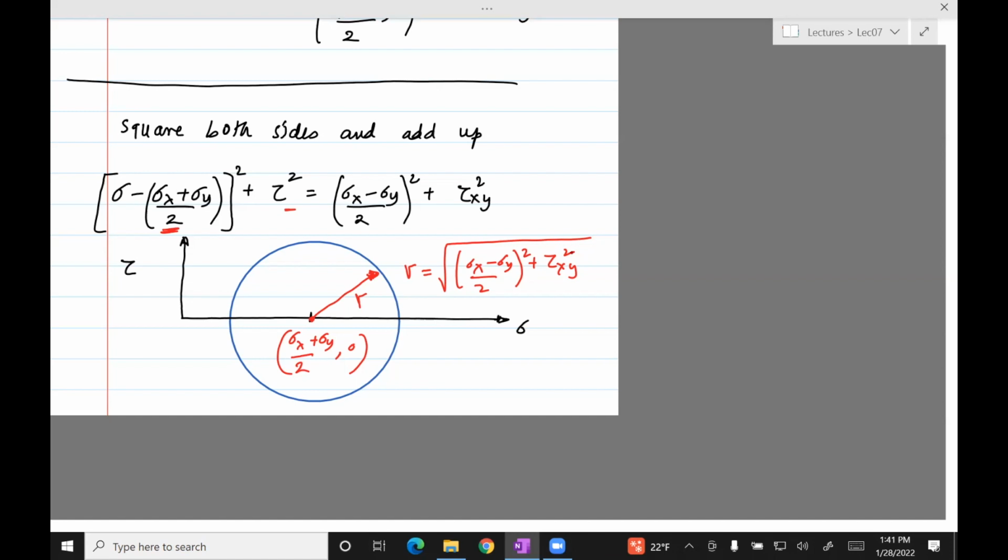It's so easy to read off the maximum stress. The maximum stress is this, right? This is the maximum stress. This is the minimum stress. Just by observation, if you know the center and the radius, you pretty much know sigma A, sigma B. We also know the maximum shear stress. So that's, I think I call that tau A. And then I call this tau B.